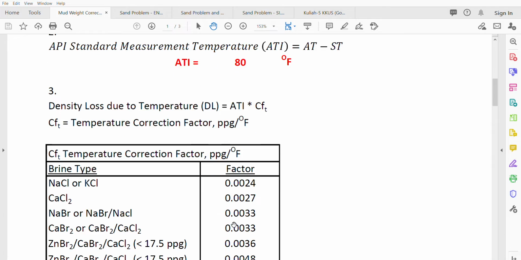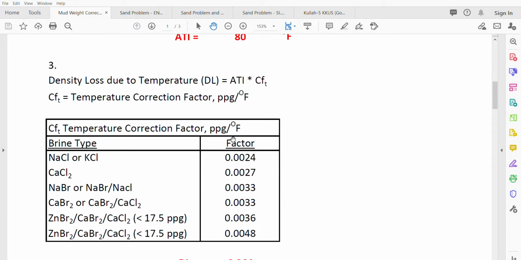And then we calculate the density loss. For the density loss due to temperature, we have a factor here. The table of factors depends on the brine type. The bottom is higher in temperature, so smaller density.